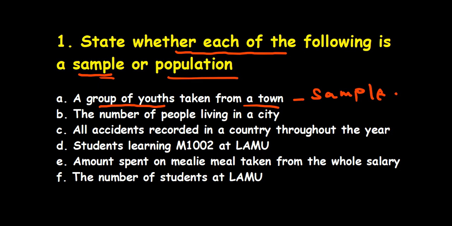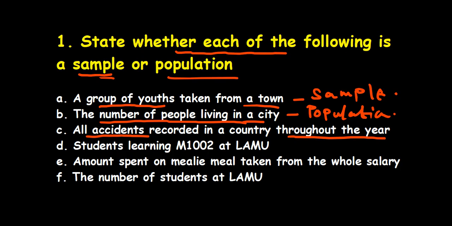And then the number of people living in a city. Here we are considering all the people in this city, so we are going to say this here is a population. And then what about the third one? They're saying all accidents recorded in a country throughout the year.